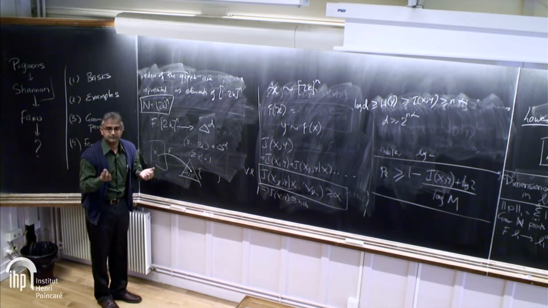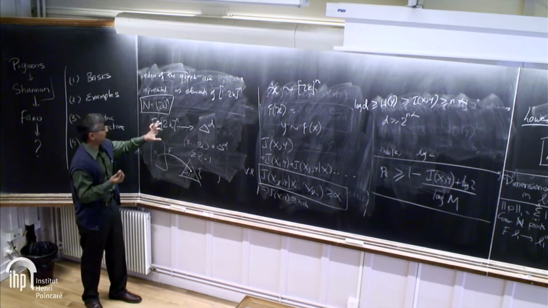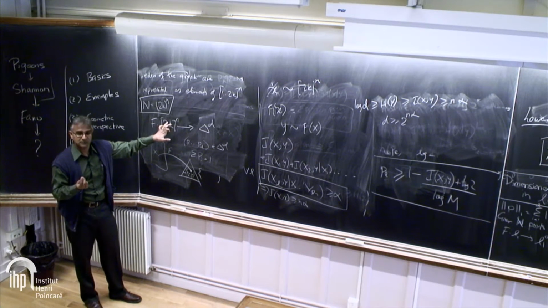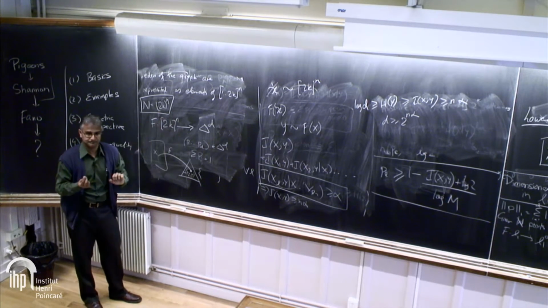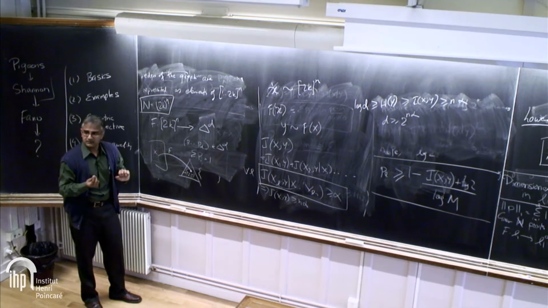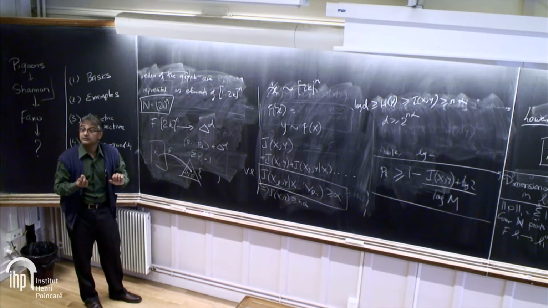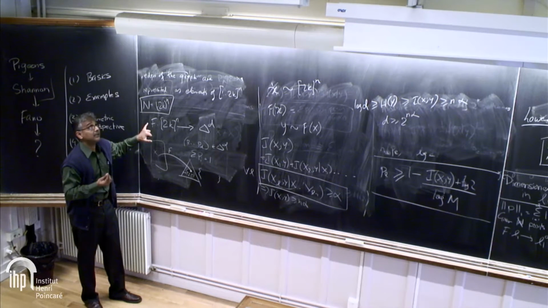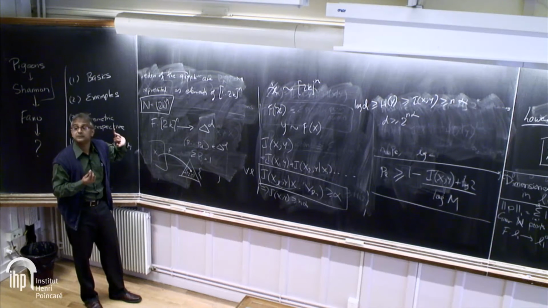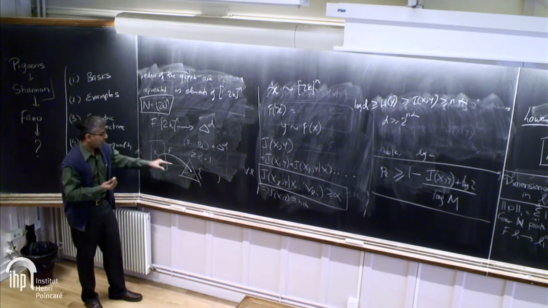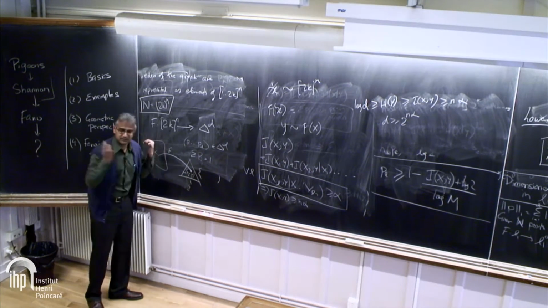What's the distribution for x? It's uniform over this space. Is the mapping deterministic? F is deterministic. Yes. So y is just the sample 3 in this case.